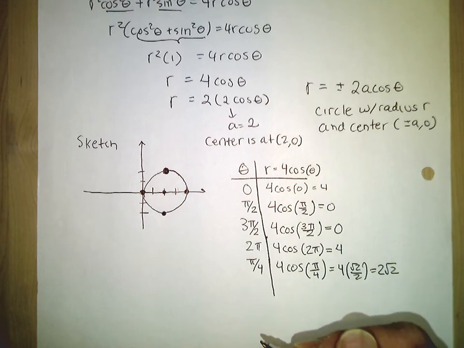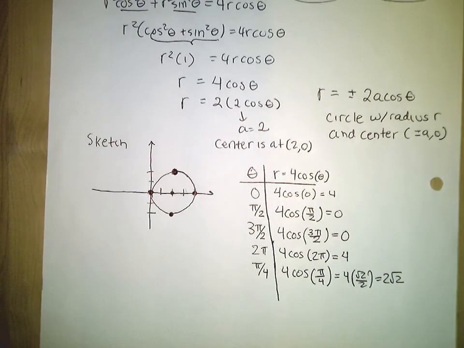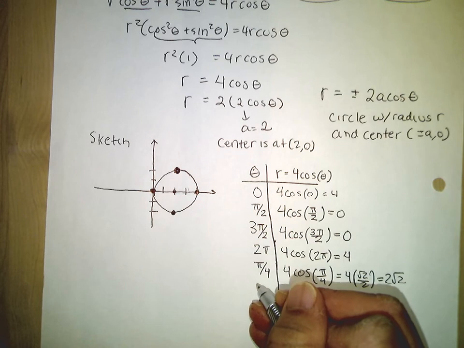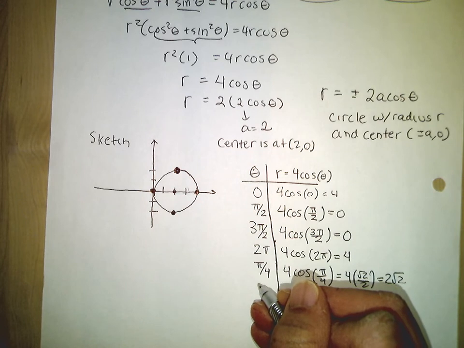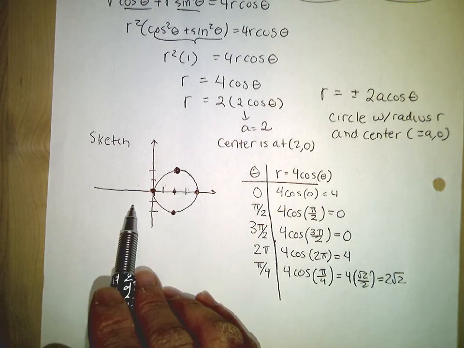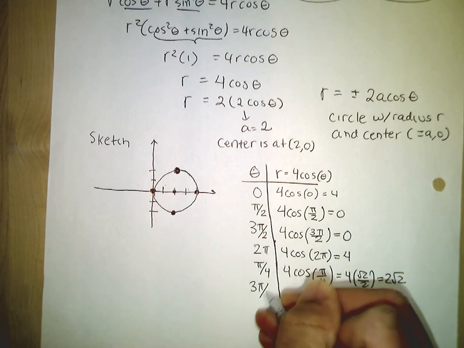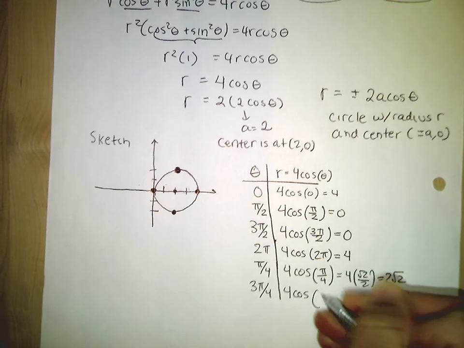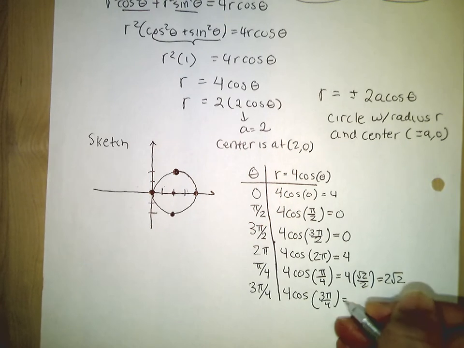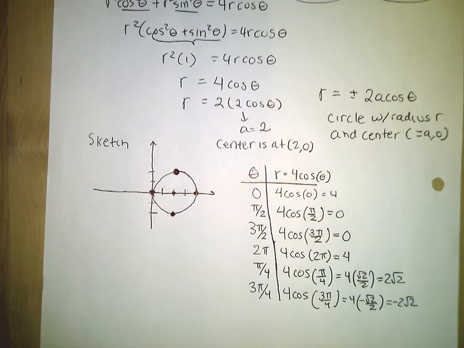And then if you want this point down here, what's another point that you could pick? Like 3 pi over 4. So 4 cosine of 3 pi over 4 will be 4 times negative root 2 over 2, or negative 2 root 2. That will give you this point over here.